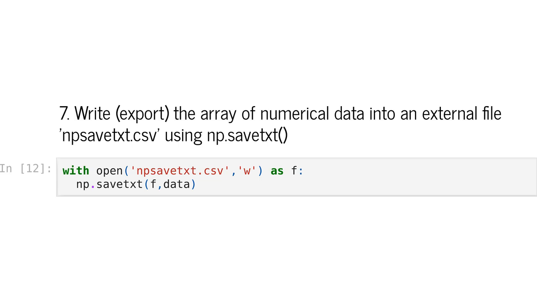Inside the with block, numpy.savetxt is called. The first argument is the file object f, and the second argument is our NumPy array data. This function will write the contents of the data array into the specified file, typically with values in each row separated by spaces or tabs by default, or commas if specified.